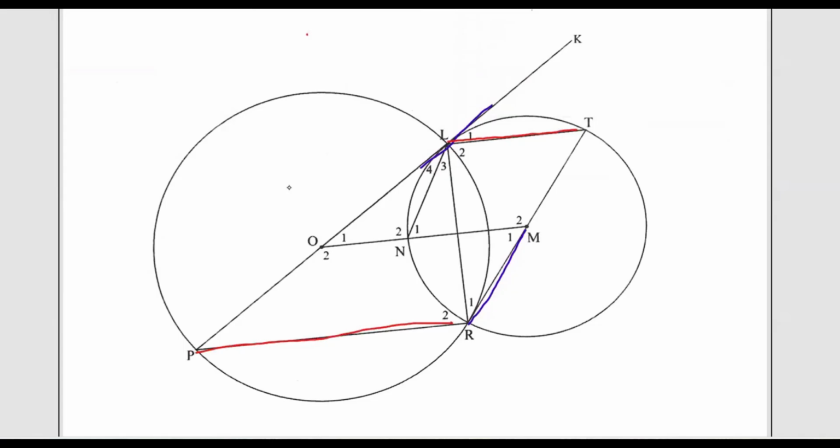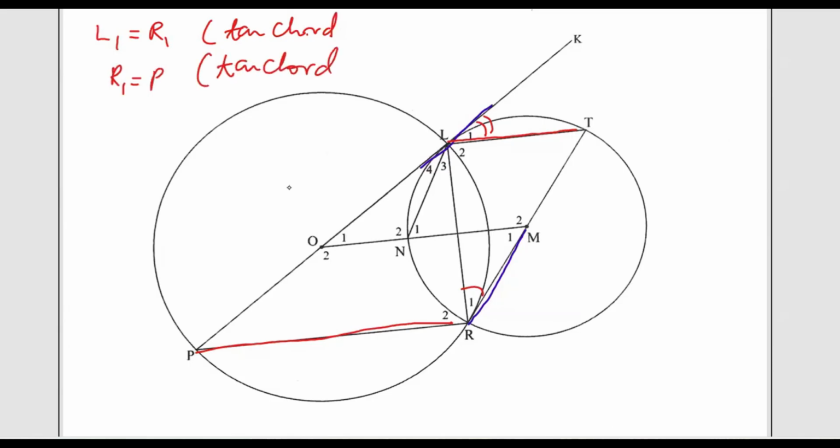Okay, so for us to have parallel lines, remember what we need to look out for. We need to look for corresponding angles, alternating angles, as well as the cointerior. But in this case, the cointerior will not apply. So let me use the tan chord, because I know that this angle is going to be the same as that. So I'll say that L1 is the same as R1. Reason, that's a tan chord. Then if I look at the bigger circle, we're saying that R1 is going to be the same as P. That's also a tan chord theorem.